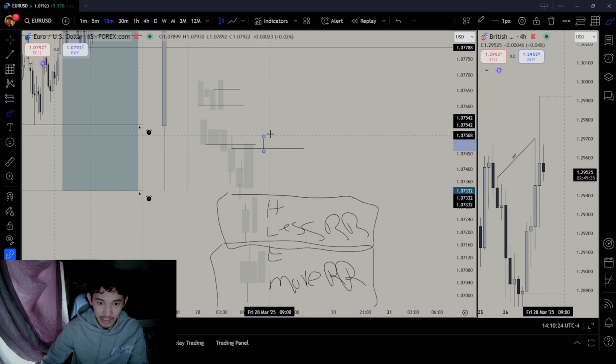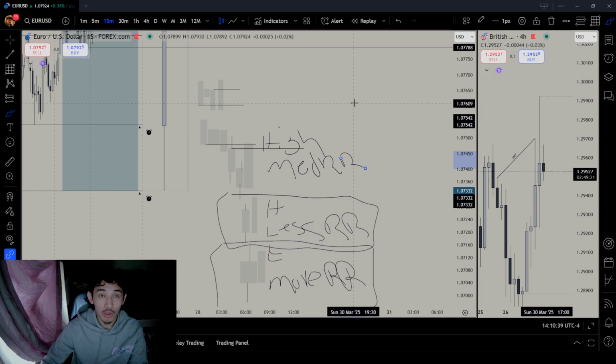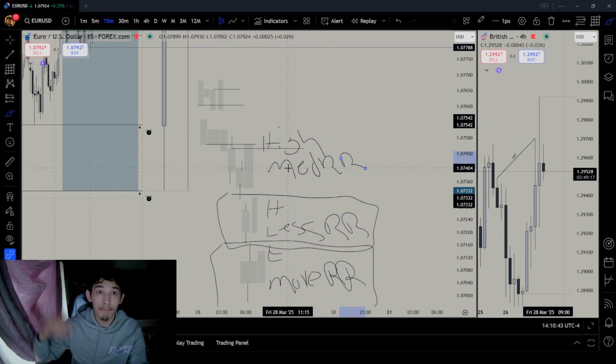So we could call it high probability and mid RR. You're not getting a huge RR, but not too little RR either, because you enter the body. The body makes it a balance of not too much RR, but not too little RR.